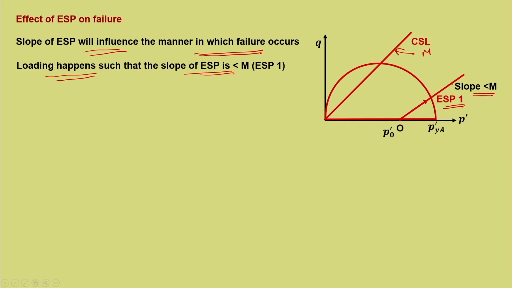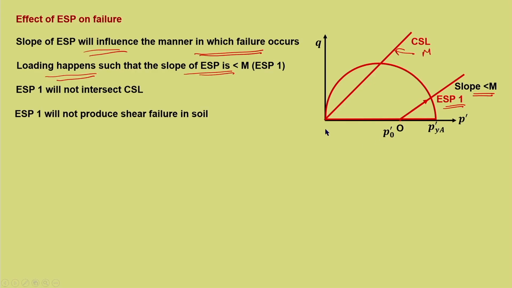You can see this. What would happen in this case? ESP1 is not going to intersect the critical state line. So, the loading can happen without failing. Probably it is very close to isotropic loading.